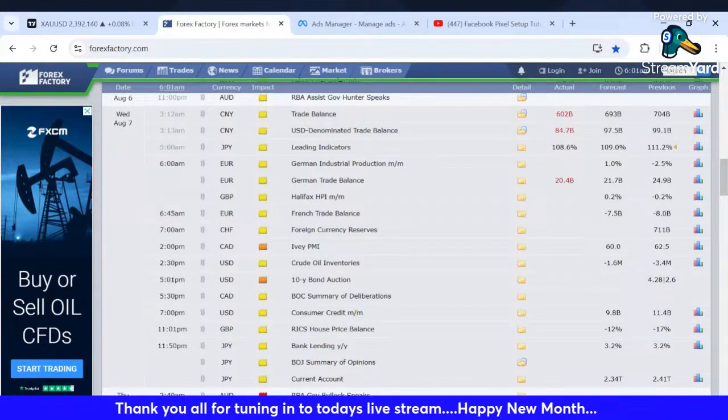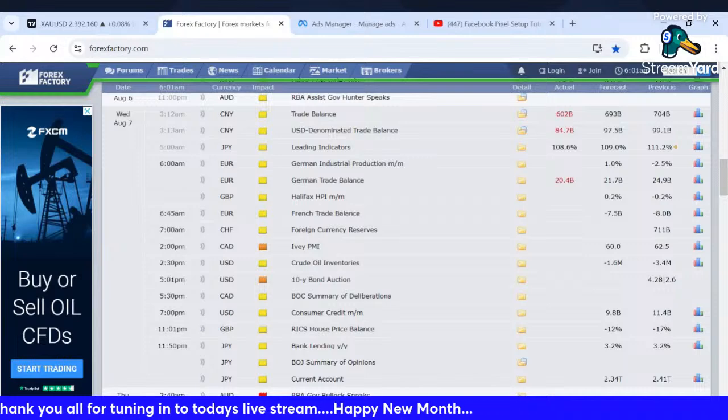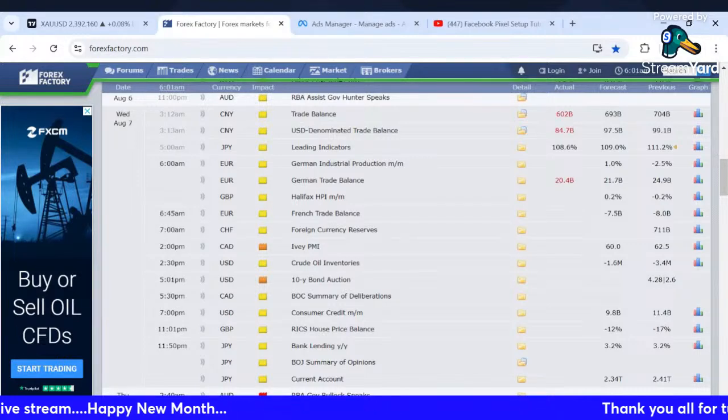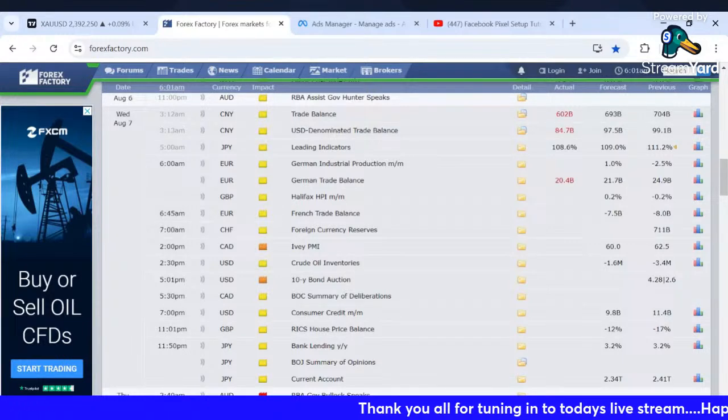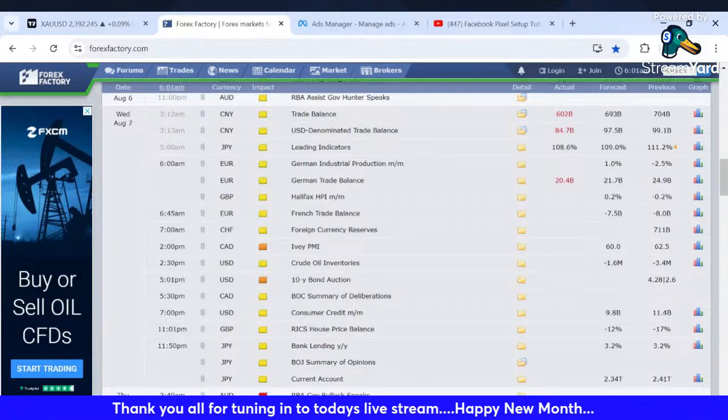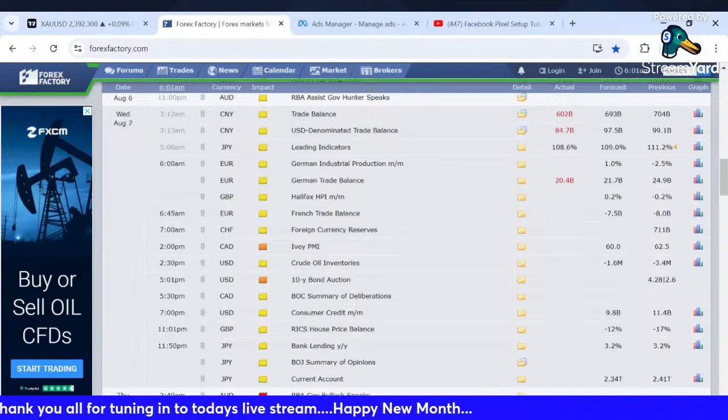That's what I use. As I said earlier, there are many websites you can use to check the fundamentals, but I use Forex Factory. You can use MyFXBook, investing.com, so you can also get some over there. But the website I use is forexfactory.com.